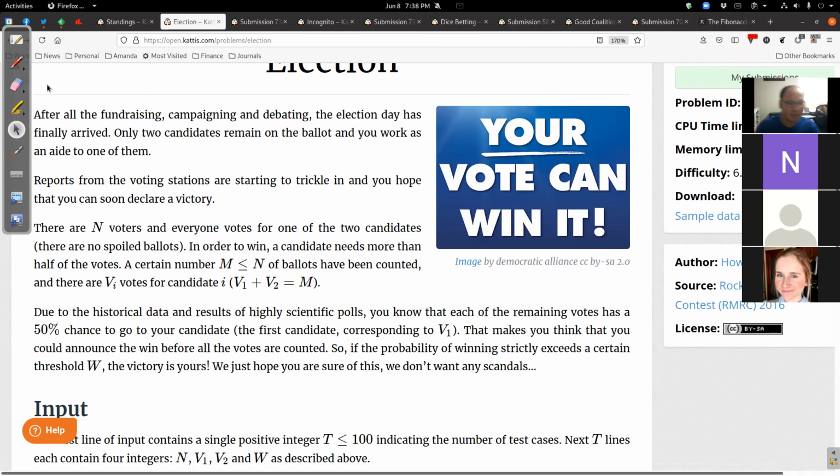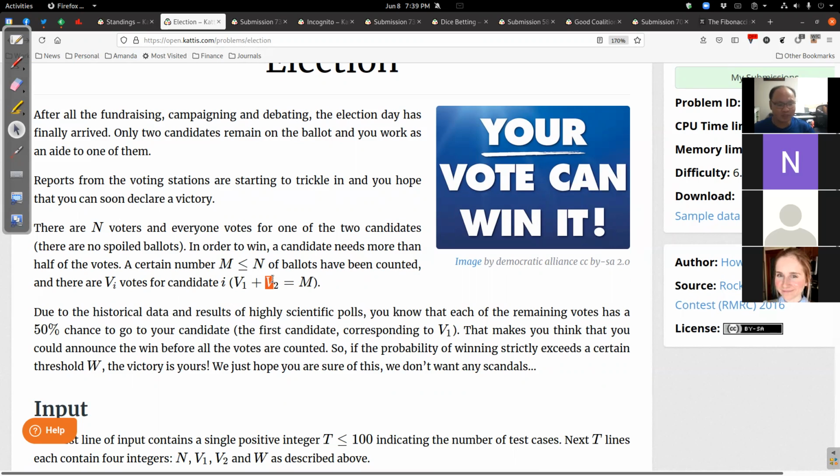Okay, so let's quickly go over what the problem is about. There are n people that are voting for two candidates. Everybody votes for one of these two candidates. If you want to win, a candidate needs to have more than half the votes. And at some point, you have counted a certain number of ballots, M. You've got V1 votes for candidate 1 and V2 votes for candidate 2.